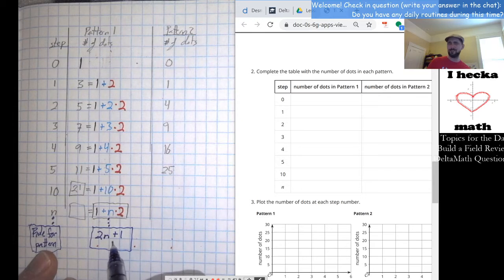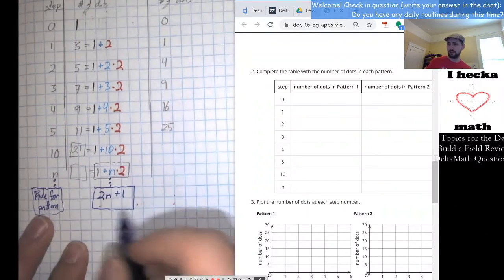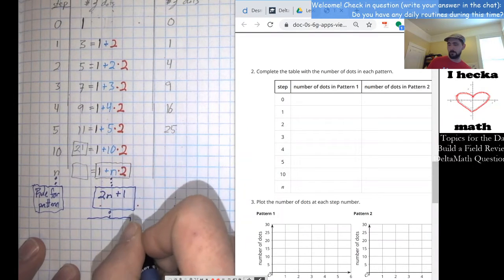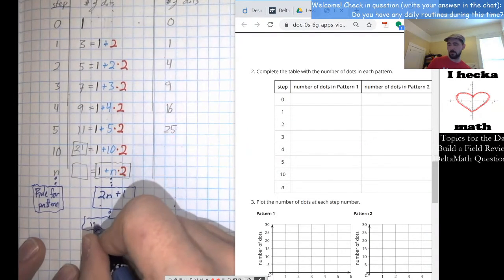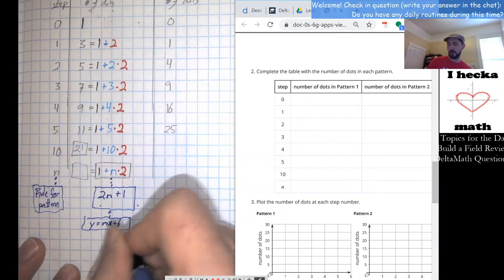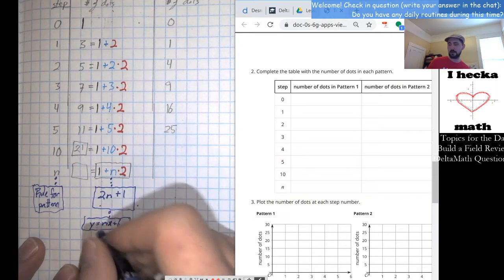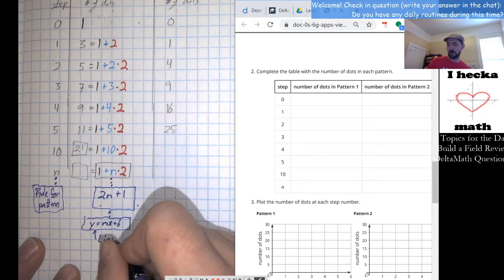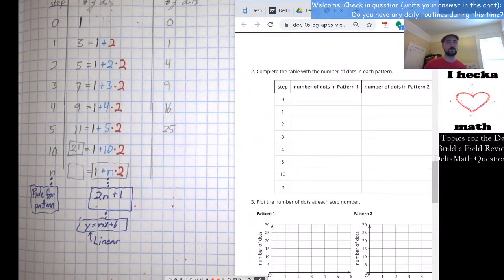But this should look really familiar. This looks like y equals mx plus b, right? It looks like this format here, which we know is a linear pattern. So this looks like a linear formula.